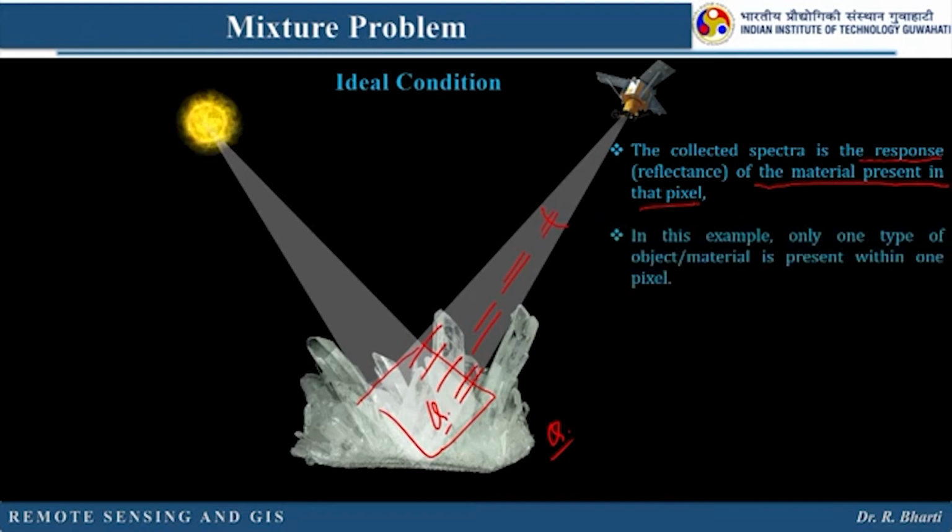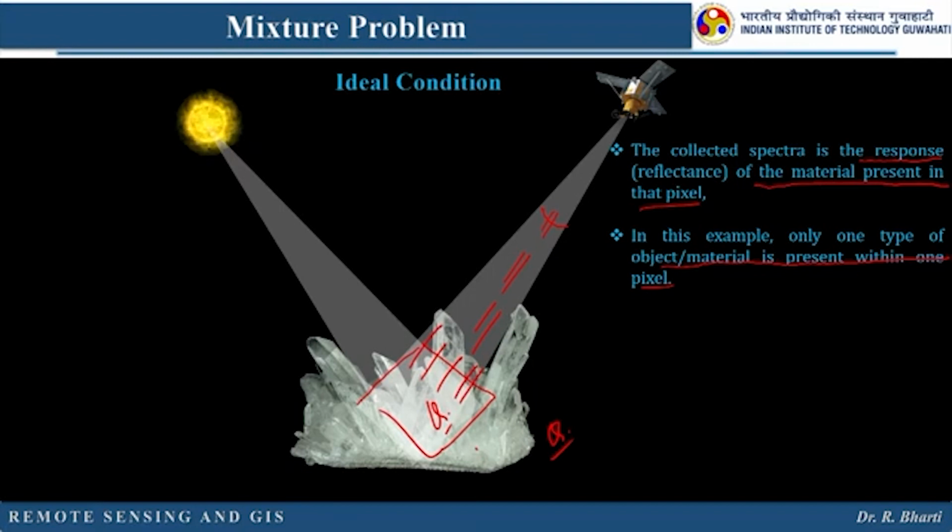Now the next point is, in this example only one type of object or material is present within one pixel, right. So let us assume this is IFOV, not FOV. So in IFOV you have only quartz or only feldspar or only mica or only one type of vegetation or one species of vegetation, right.